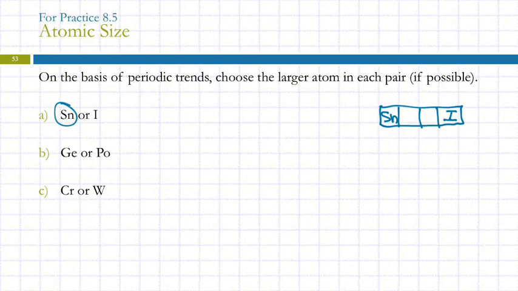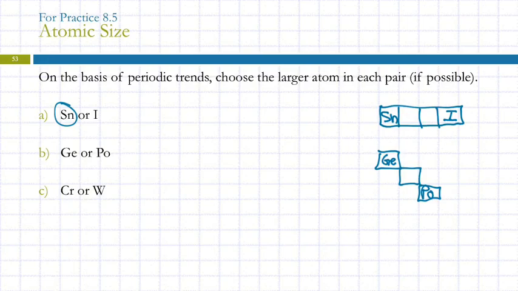Germanium or polonium? So here's germanium, there's antimony in the middle, and polonium down here. Well, if we look at the trend going across, that would predict that polonium is smaller. But if we look at the trend going down, that predicts that polonium is larger. So it says, if possible, we can't tell for sure.